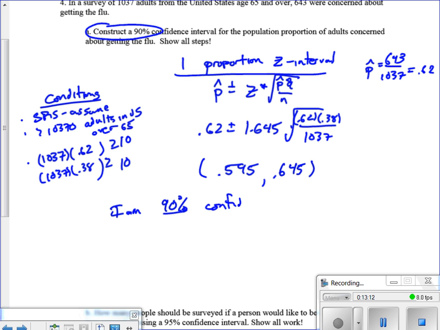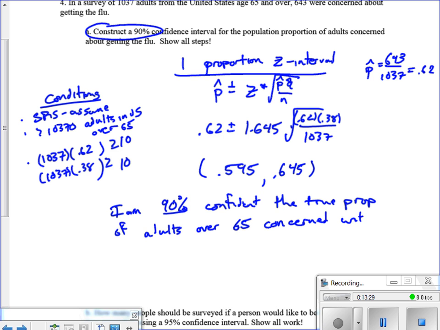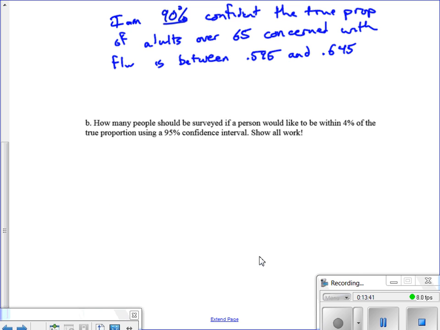We're 90% confident the true proportion of adults over 65 concerned with the flu is between 0.595 and 0.645.